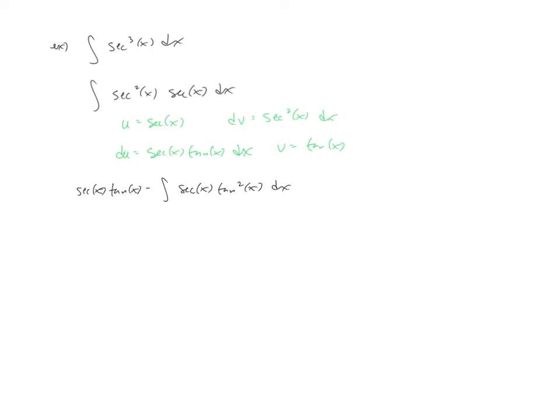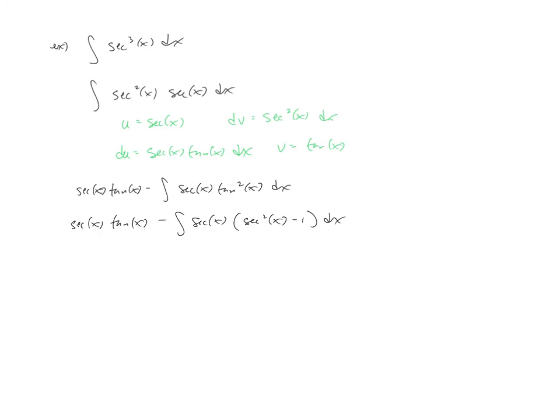All right, so now we're up to the point where we need to figure out how to integrate this. Well, conveniently, tangent squared has an identity that involves secants. So it looks like we're able to get everything down at least into secants. So secant x tangent x minus the integral secant x, and then the tangent squared is going to be secant squared x minus 1.